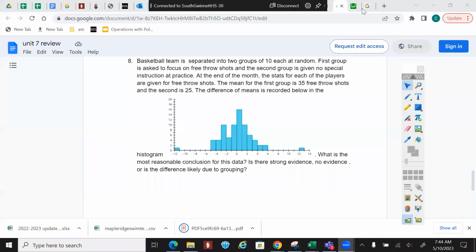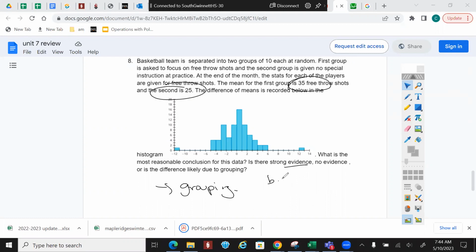Okay. So what is the most reasonable conclusion for this data? Well, they told the first group to focus only on free throws, right? And then they told the second group to do whatever. So there's the difference between the two, right? So is there strong evidence, no evidence, or is it likely due to grouping? So, likely due to grouping.